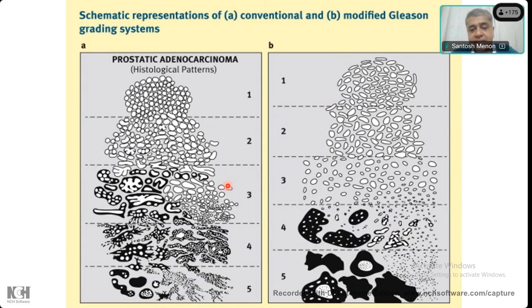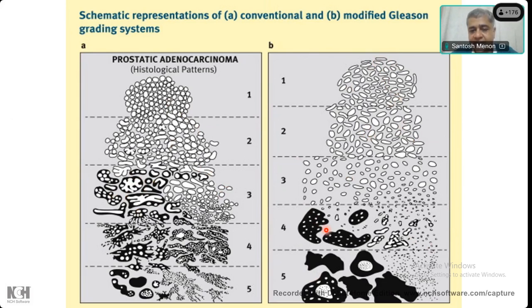If you look at this, the right side one is the current modified Gleason scoring system which we use. More or less 1 and 2 remain the same. Compare the diagram from 1966 with the 2004 or 14 one. What has changed is that cribriform and complex papillary have moved into pattern 4.